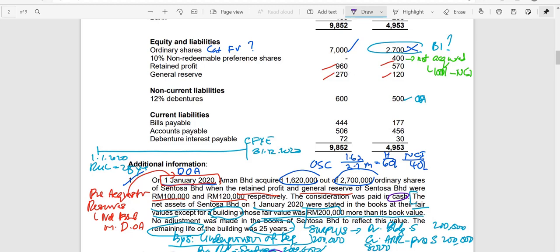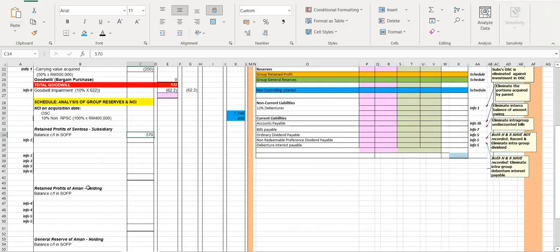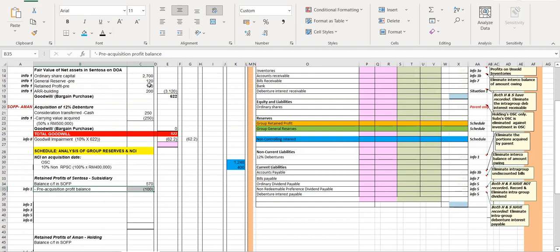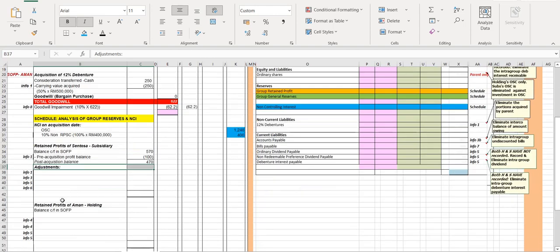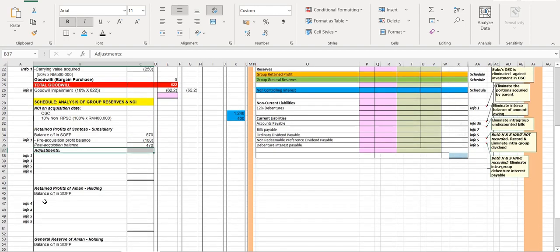You can just put it there first, and the pre-acquisition reserve figure that you have included here must also be adjusted so that we can find out what are our post acquisition balance. After that, we will have to include adjustment for the post acquisition period.